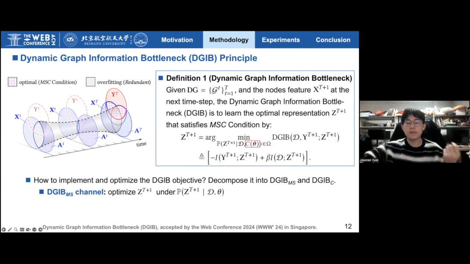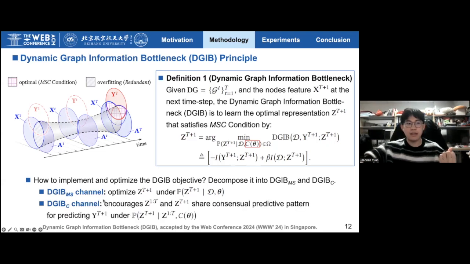We propose a novel solution to decompose the overall DGIB objective into two channels, the DGIB MS channel and the DGIB C channel. Here we should notice that when decomposing the overall training target into separate ones, we should guarantee that the parameter searching space, that is the omega here, has also been decomposed.